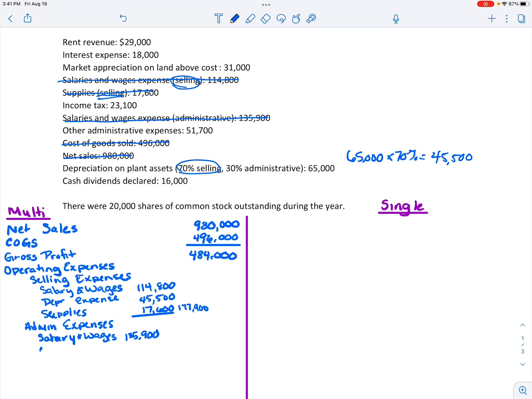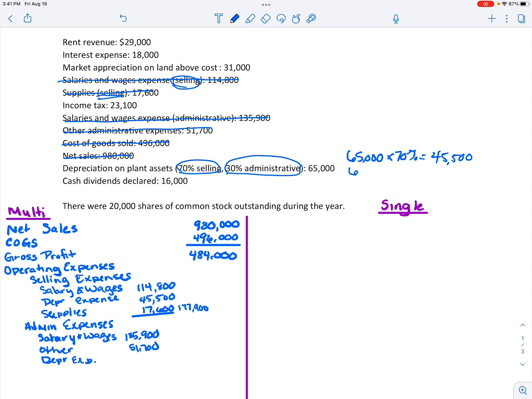I have some other that they list out. It's $51,700. Then I have the rest of that depreciation, because the other 30% was administration.